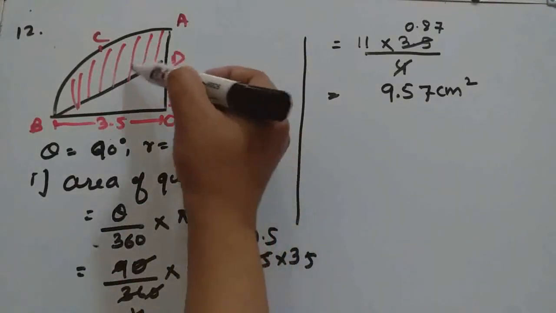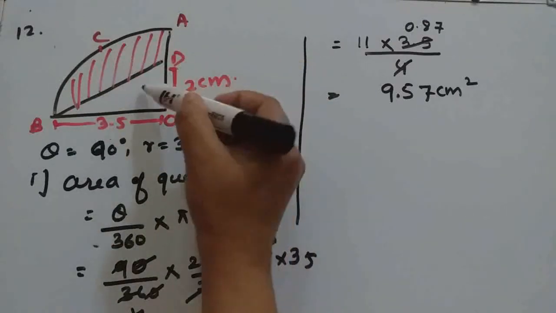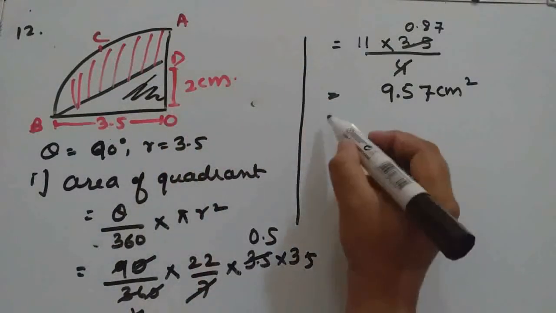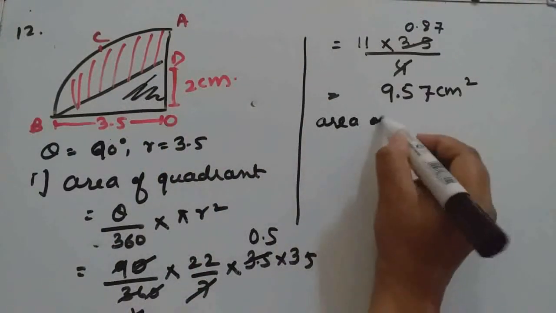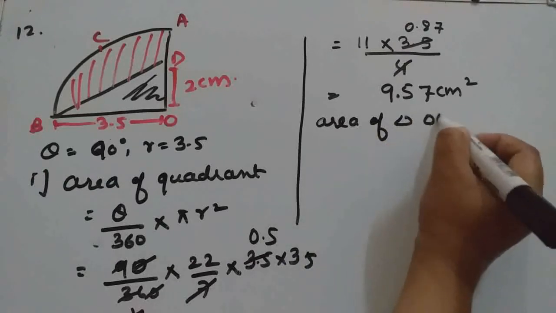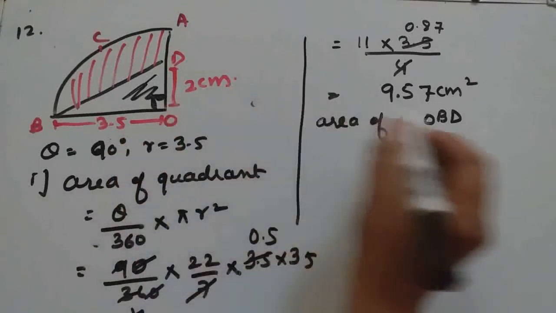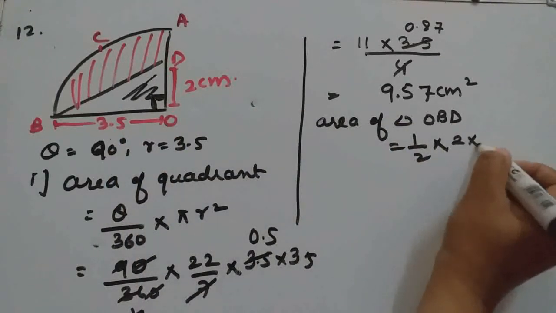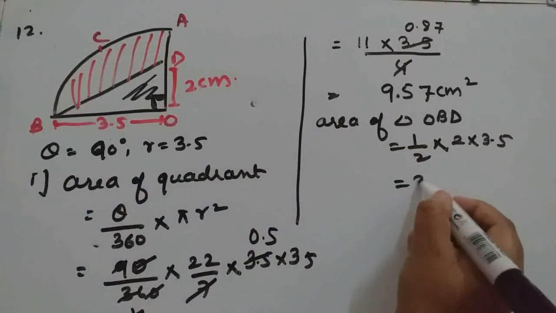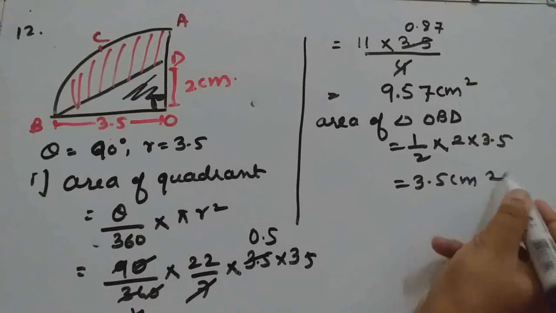Now we should find the shaded region. From this quadrant, we subtract the area of the triangle. The area of triangle OBD is, since the quadrant means 90 degrees, half into base into height. So the answer will be 3.5 centimeter square.